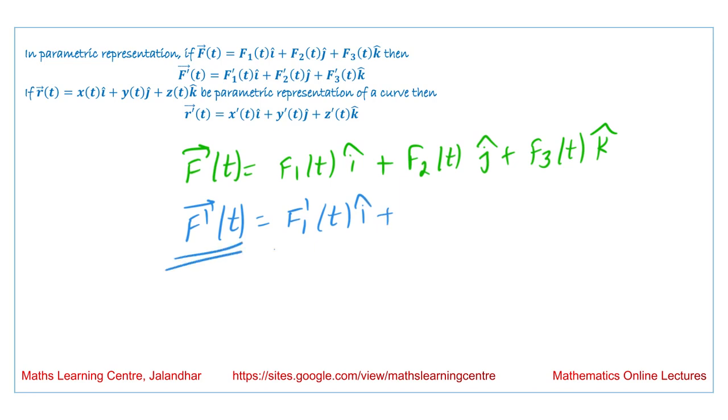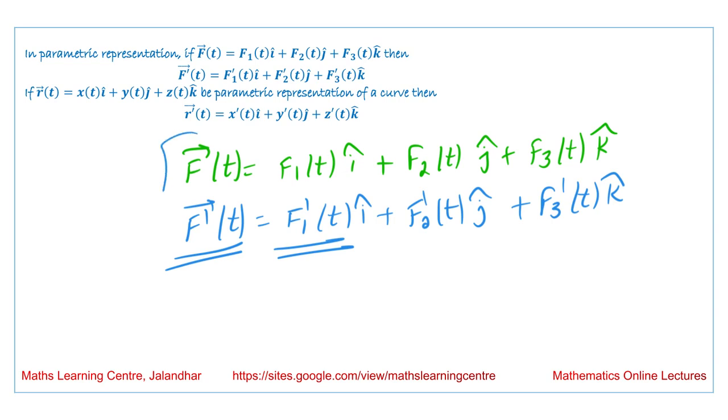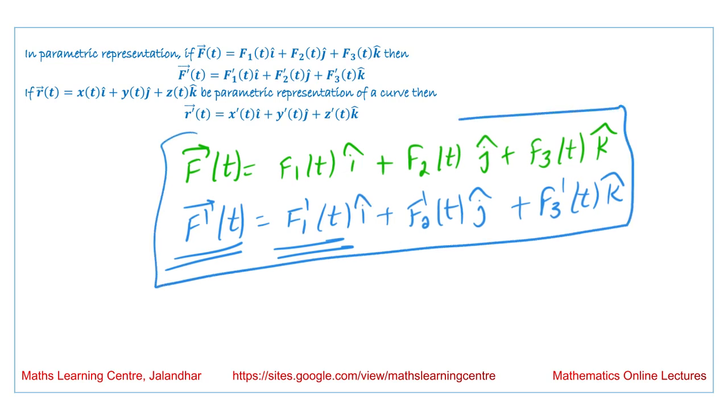The derivative of the function is basically the derivative of the component functions, up to f3 dash t times k cap. This is how we can differentiate vector functions when they are given in parametric form.